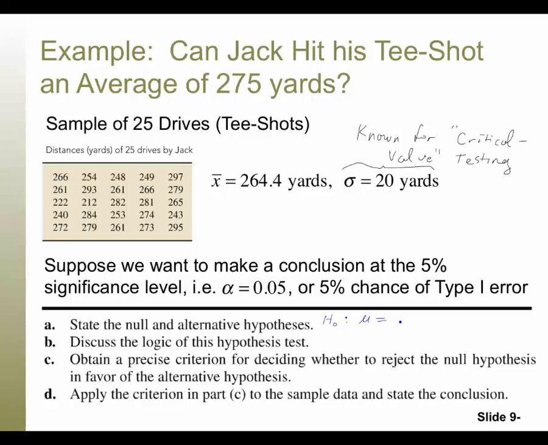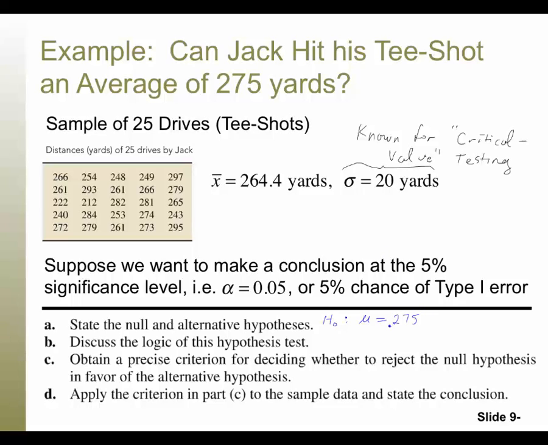Well, that's our sample mean. He hit 25 drives. That's the mean of the ones that he hit. But what's our hypothesis? That his distance is what? 275. He's claiming he can hit it 275.